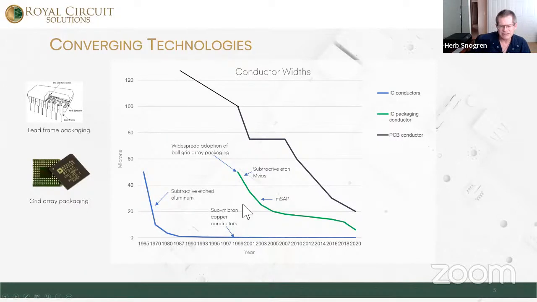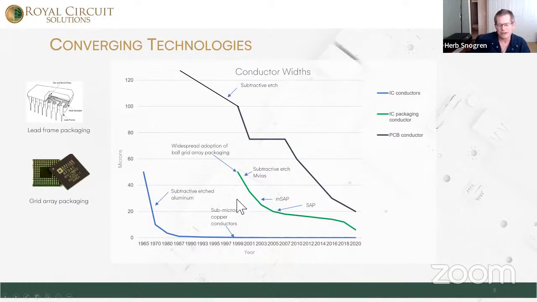And the advanced IC packaging today, which goes down to probably around 6 micron lines and spaces, uses a semi-additive process currently. So on printed circuit boards, we started off with a subtractive etch, and the first circuit boards back in the 50s were probably 50 mil, 30 mil lines and spaces.